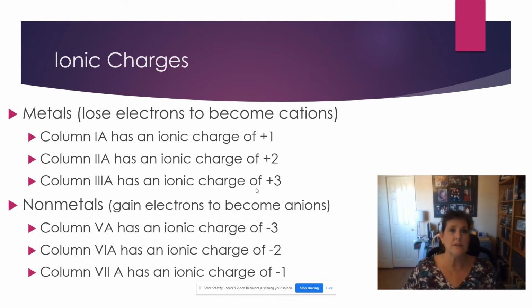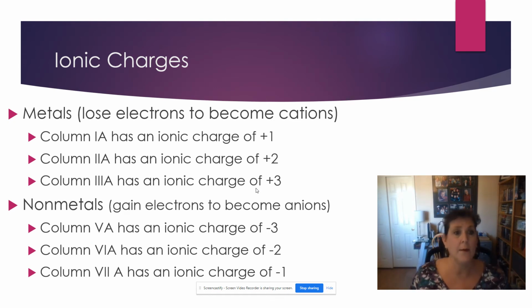So ionic charges, metals, again, they lose electrons and become positively charged cations. Column 1A in the periodic table, those metals have a charge of +1. It's because they lose one electron, but we'll focus on that more in Chem 130.